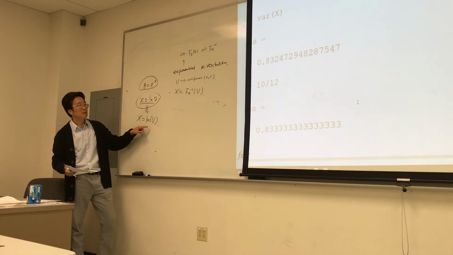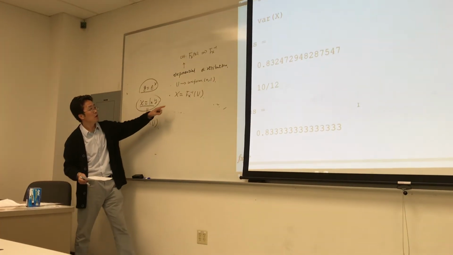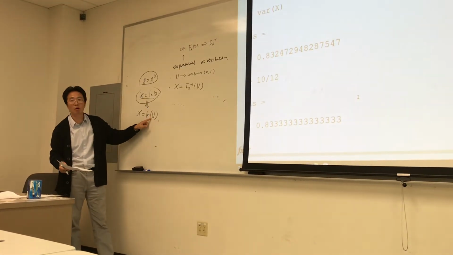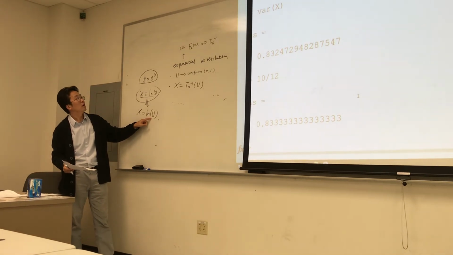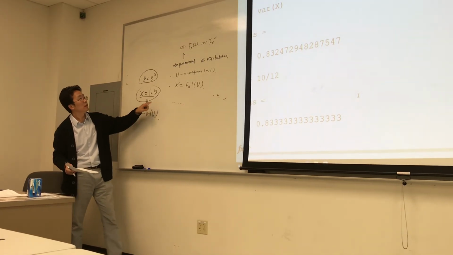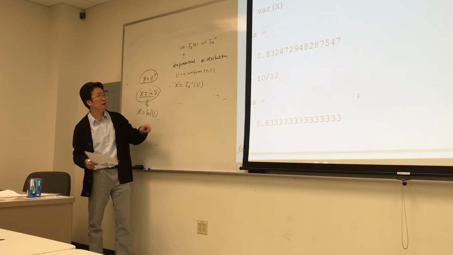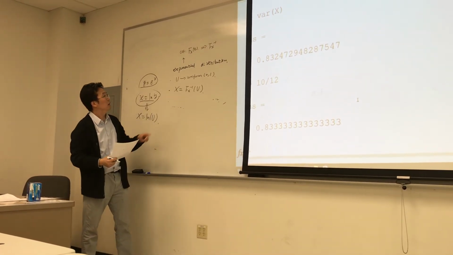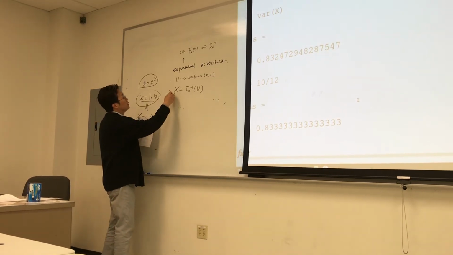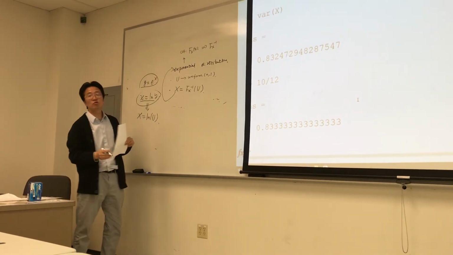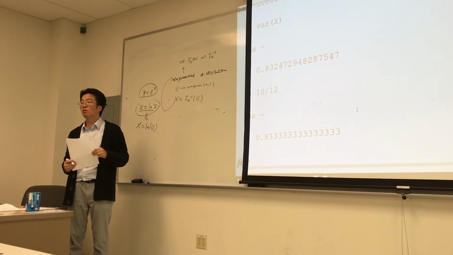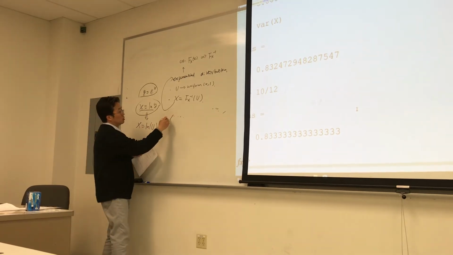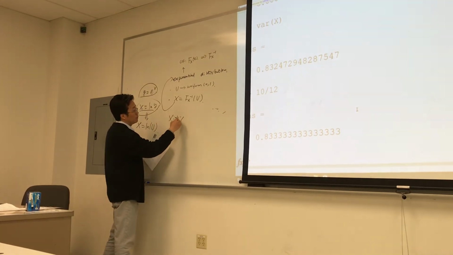So that's what we mean: u will be treated as the independent variable in this inverse function. This is how you can create x that follows what? The exponential distribution.